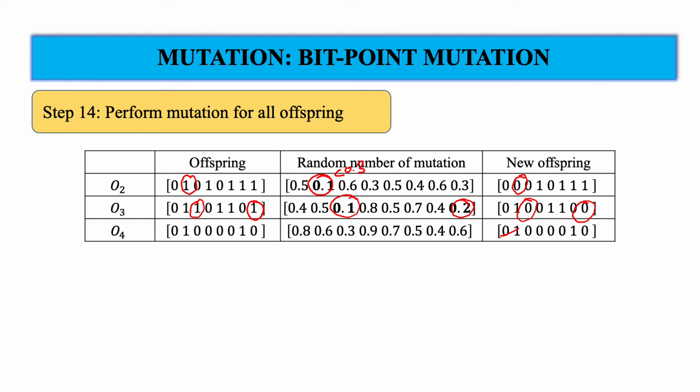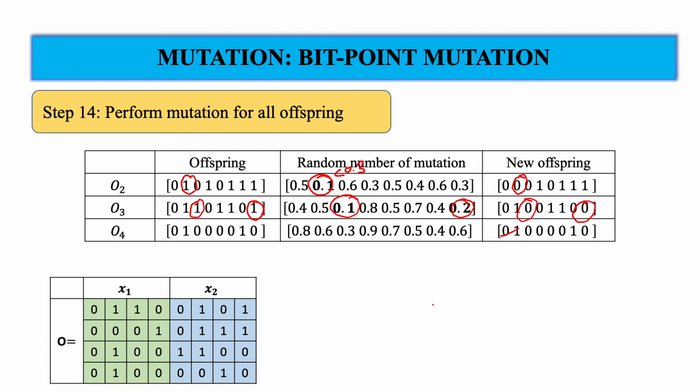Now we need to find the decimal equivalent. Again, we will divide into two variables. We will perform the same method, 8 4 2 1, so it is 6. Here 8 4 2 1, so it's 5.